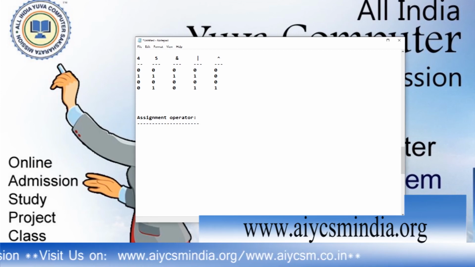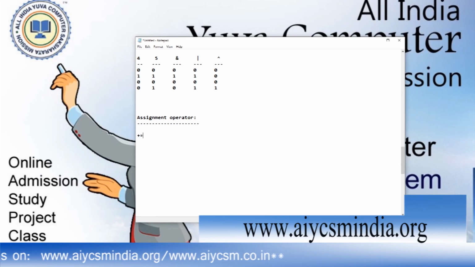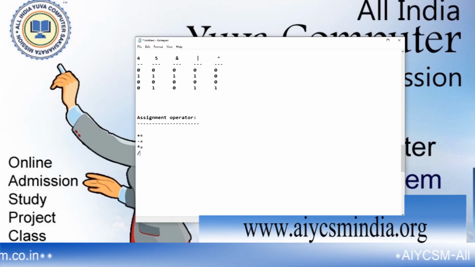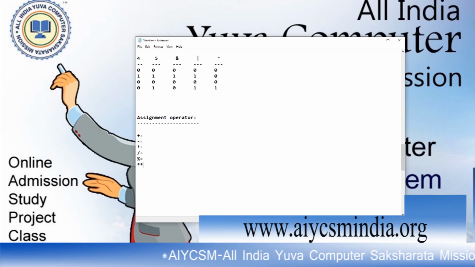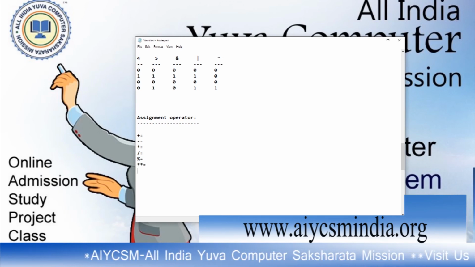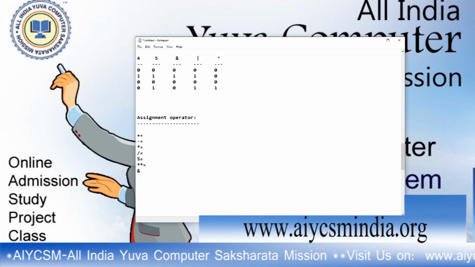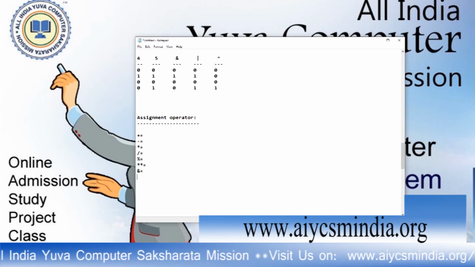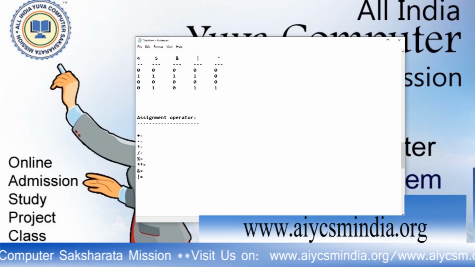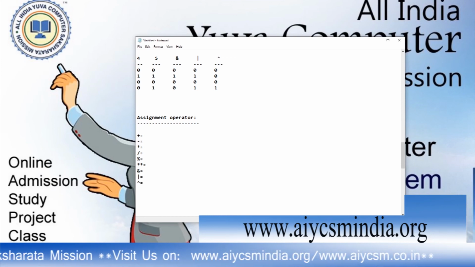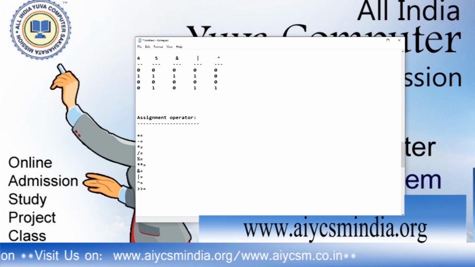These are the operators which assign a value: plus equals, or minus equals, or multiply equals, or divide equals, or modulus equals, or power equals, or logical AND equals, logical OR equals, logical XOR equals, or left shift equals, and right shift equals.